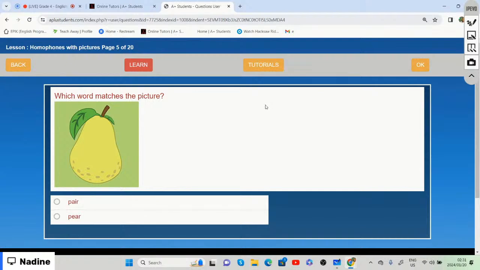All right, so which picture? This picture over here is a pear. So we will say this is a pear, and which pear? We will say it's the bottom pear.